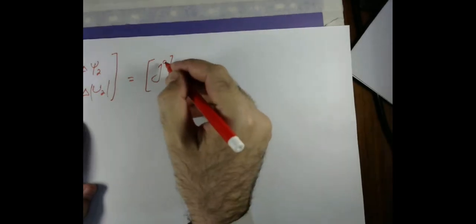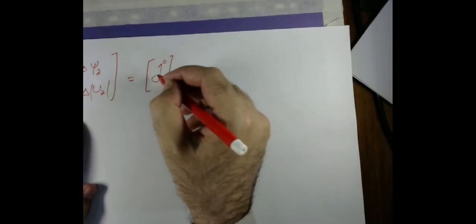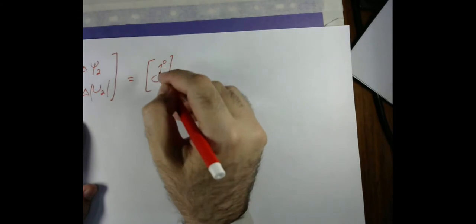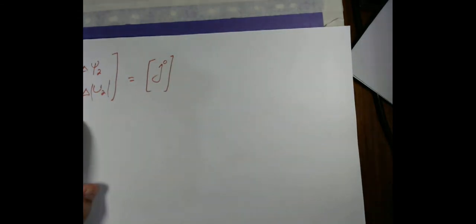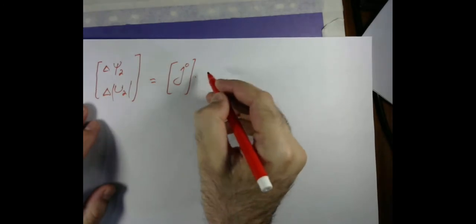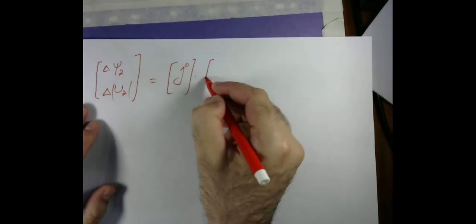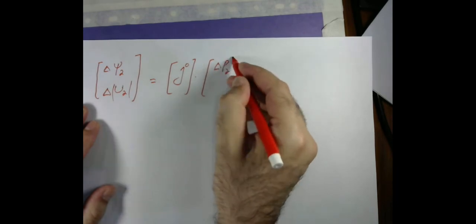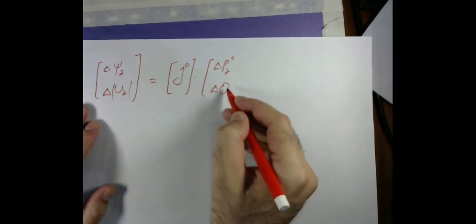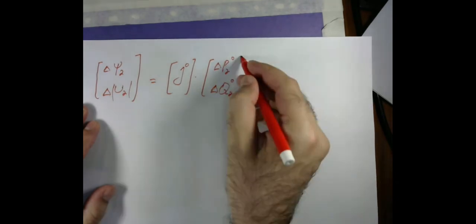So J0 is the Jacobian matrix for the initial guess of the voltage and angle. Now we have to multiply it with the power mismatch, which is delta P0 and delta Q0.